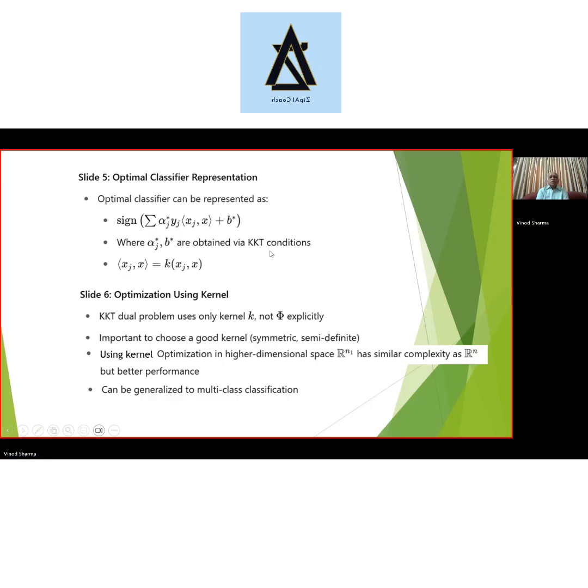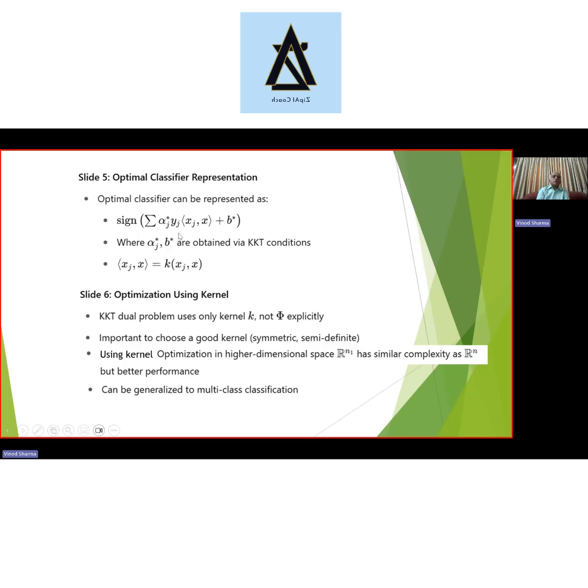Using this, the optimization problem of SVM in Rn1 has been reduced to the optimization problem in Rn itself. However, the solution obtained now will have the effect of getting SVM in the larger dimensional space, and hence the performance will be much better.